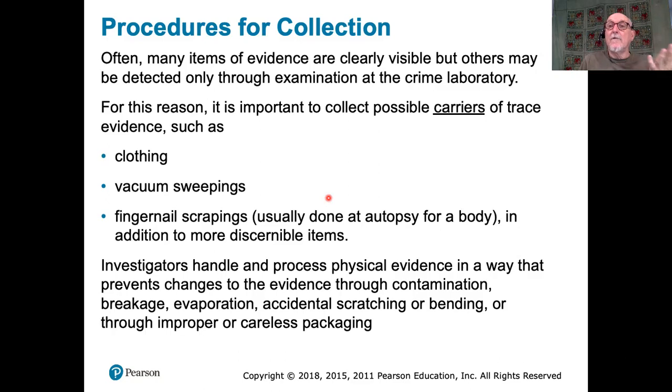So, for example, the clothing of the deceased, the body itself is important evidence, but the clothing of a deceased person is evidence. The clothing of a suspect is evidence and is collected because it may collect evidence. It may collect trace evidence, hair, fiber, DNA, body fluid, etc.